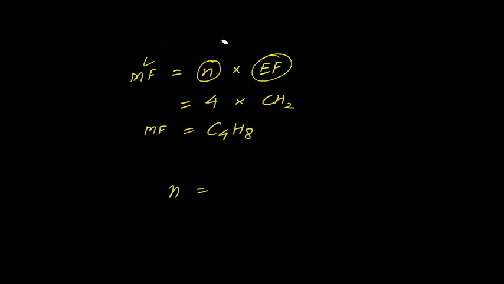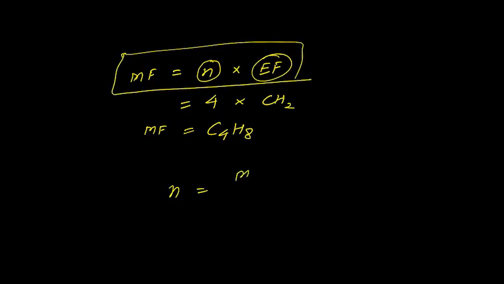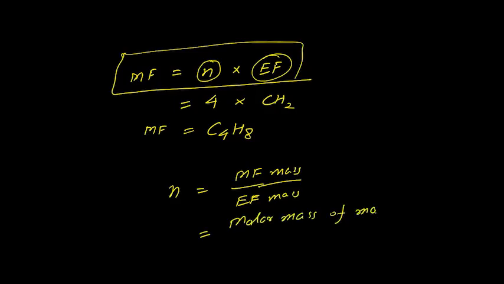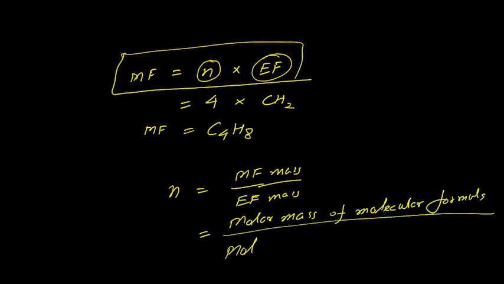And n is given by this relationship: n is the molecular formula mass divided by the empirical formula mass, that is, the molar mass of the molecular formula divided by the molar mass of the empirical formula.